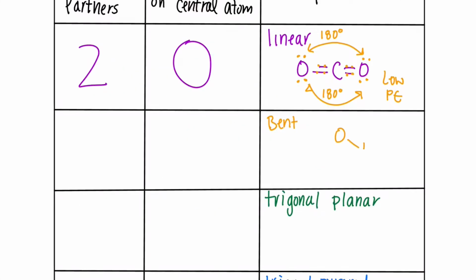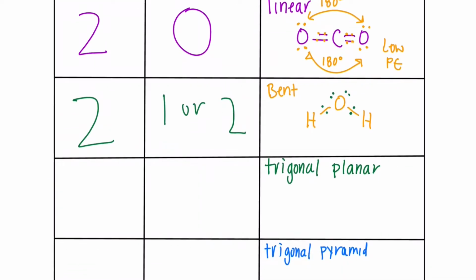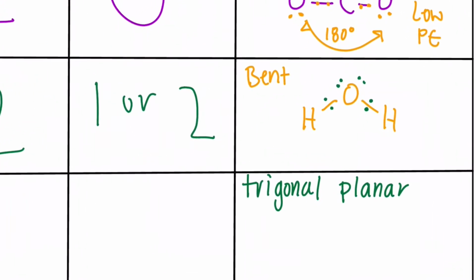Next we have bent. I will use water as our bent example. And as you know, it has 2 sets of lone pairs. Bent molecules have 2 bonding partners and could have 1 or 2 lone pairs. In most cases, you will see 2 lone pairs. The reason that this makes a bent shape and not a linear shape is due to the electron repulsion of the lone pairs and the bonding partners.